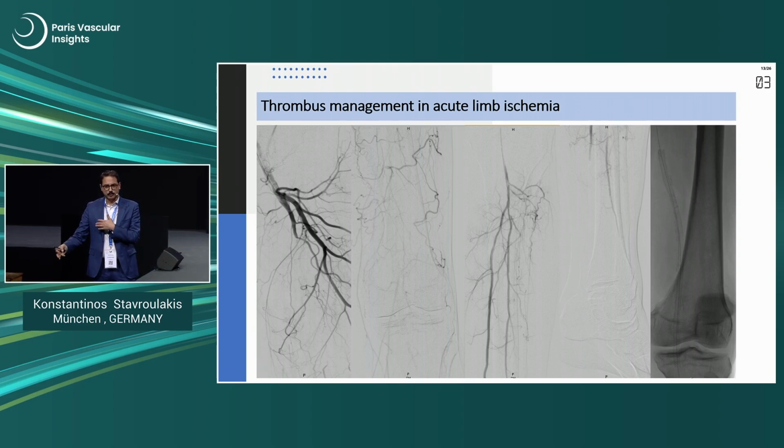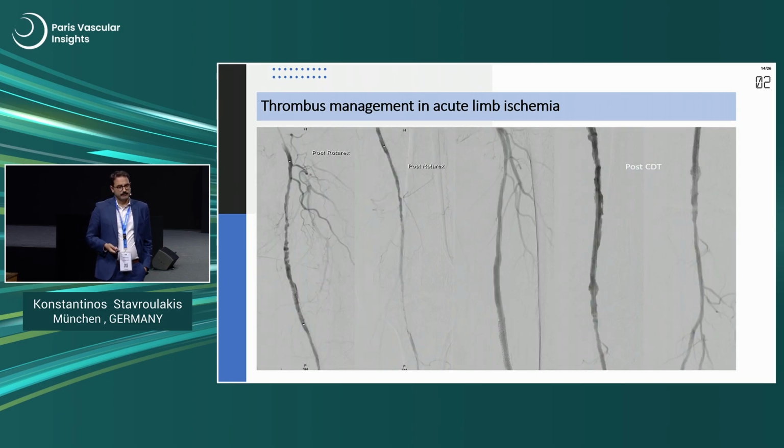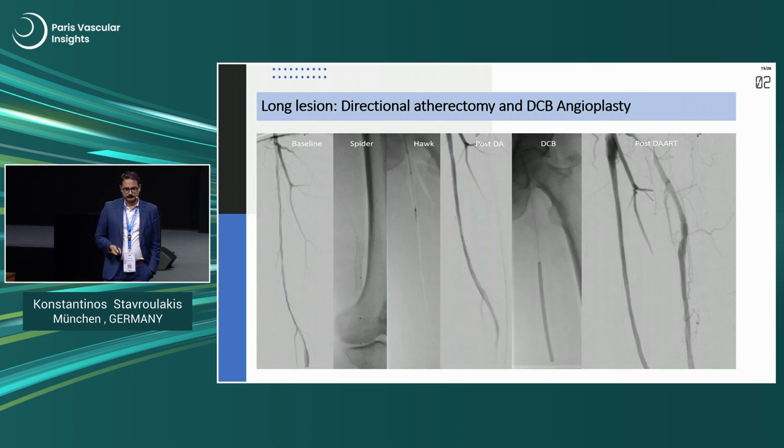You want to restore the flow quite fast. In these cases, thrombectomy devices can be used, both in acute and subacute settings. Again, a patient with SFA occlusion and acute limb ischemia: you can remove the vast majority of the thrombus and then go for catheter-directed thrombolysis to reopen the vessel.